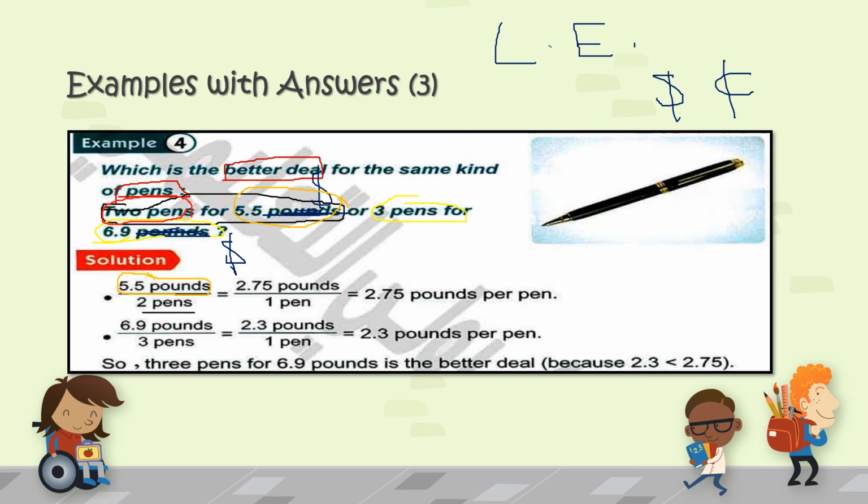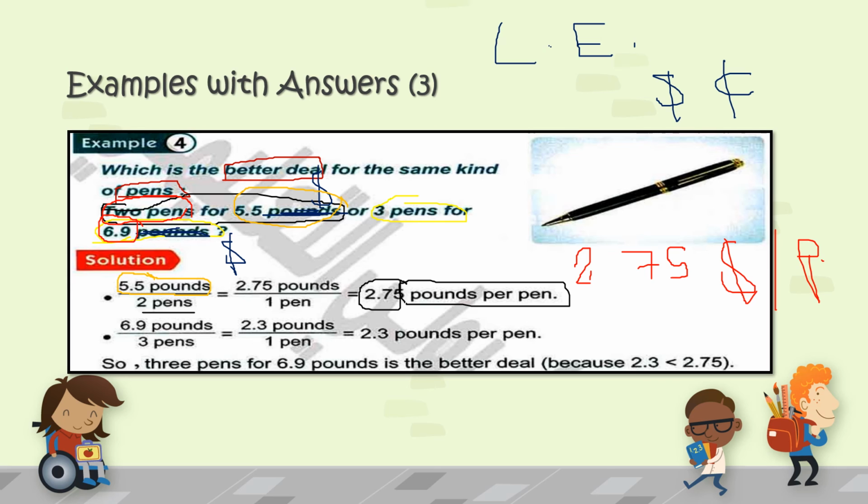So 5.5 divided by 2 is going to be 2.75. And then we're going to have dollars per pen. So the first one's rate is 2.75 dollars per pen.